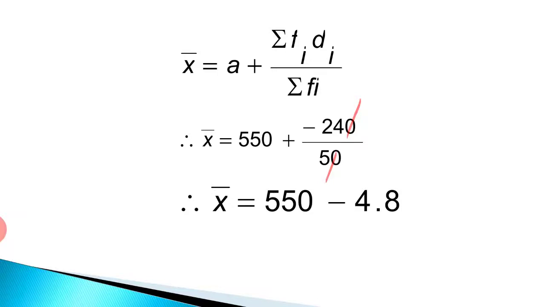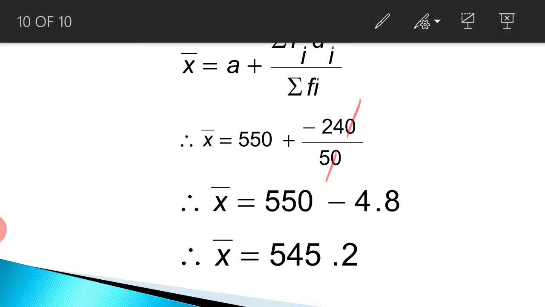So 550 minus 4.8, arrange vertically, or if you can do it in horizontal calculation, do it. So it is coming out to be 545.2. Now this is the average wages of the workers. Is it okay? So what should be the unit? It is rupees.